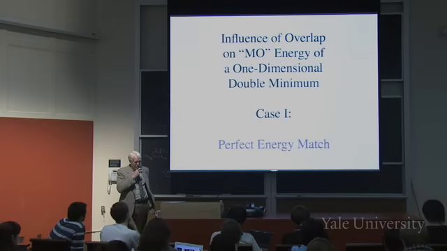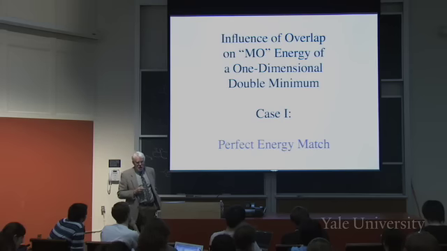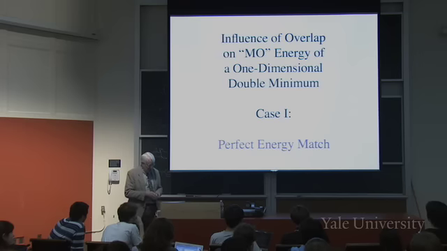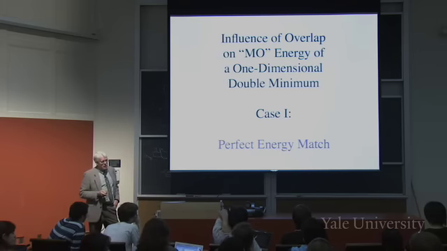Okay. Now, we're going to look at the influence of overlap on molecular orbital energy, but we're going to use Ervin meets Goldilocks just for familiarity, so we're working here in just 1 dimension to get the idea of it, and we'll also then think in more general terms. And we've already done this, so it's partly review. So we'll assume that there's perfect energy match.